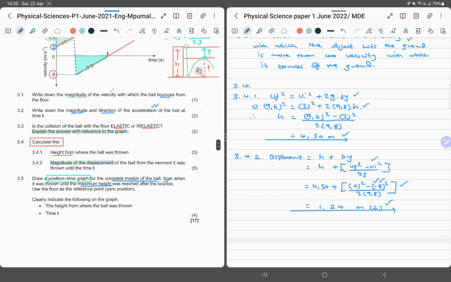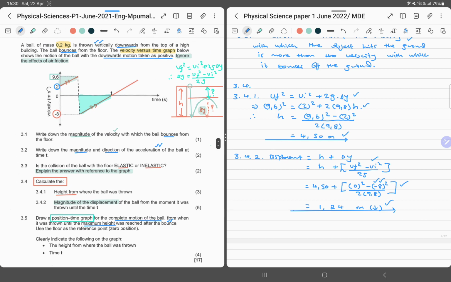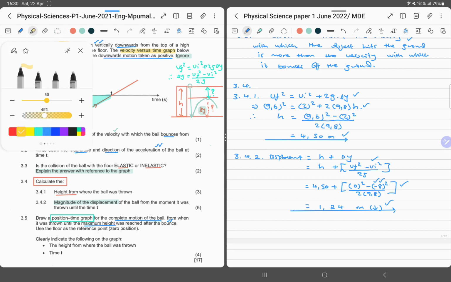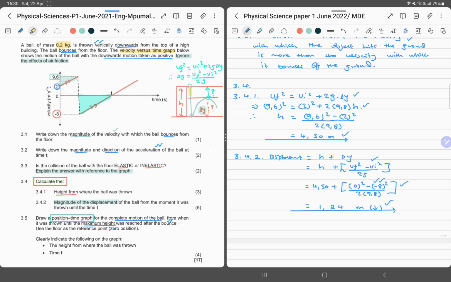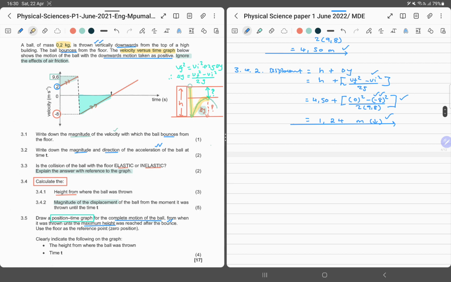So meaning, basically, from our sketch, we want a graph that does this. So we just want this situation here up until there. We're cutting it there. Okay, not a problem.